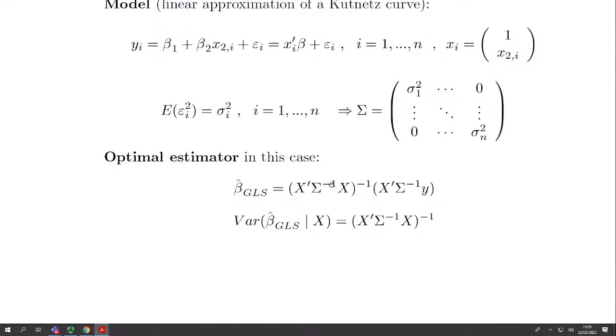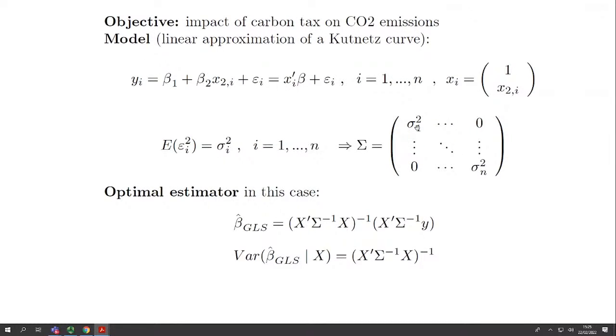So the GLS requires the knowledge of the big sigma inverse, so the knowledge of the variances I have on the main diagonal. Let me remind you that these variances are the variance of the error term of the first household, the variance of the error term of the second household, and so on until household 11,748.